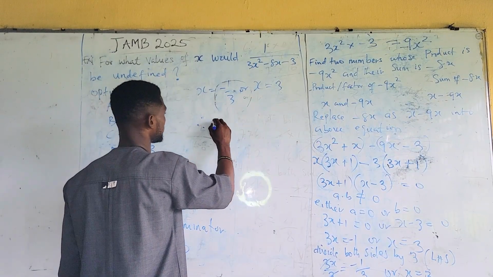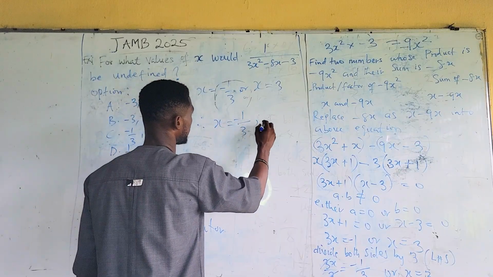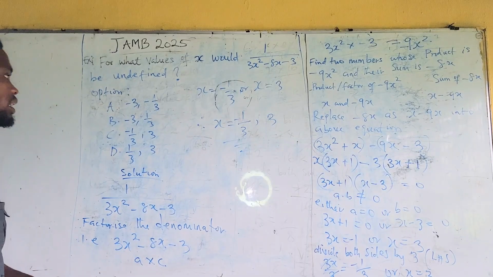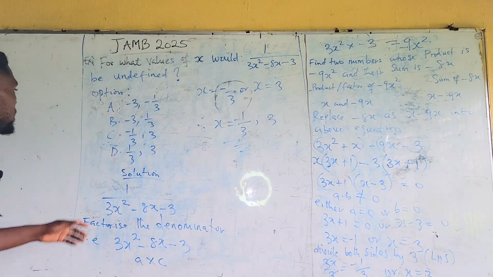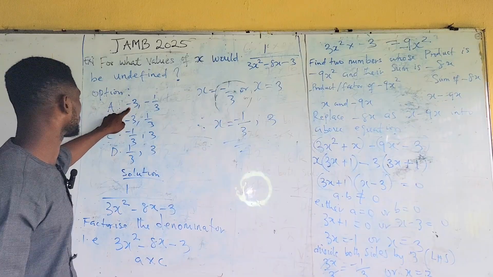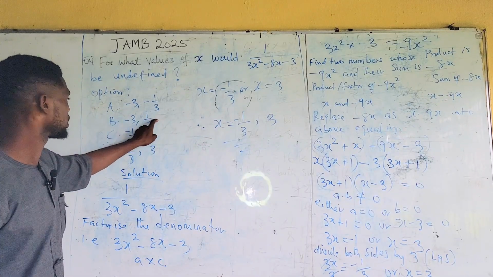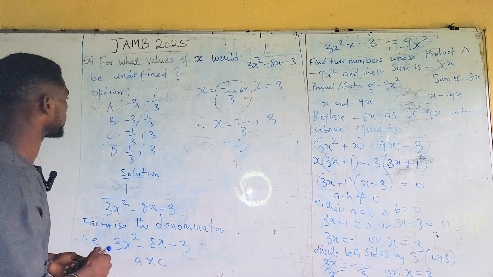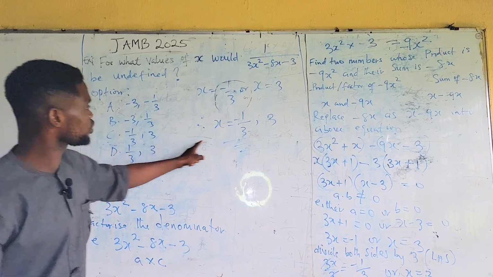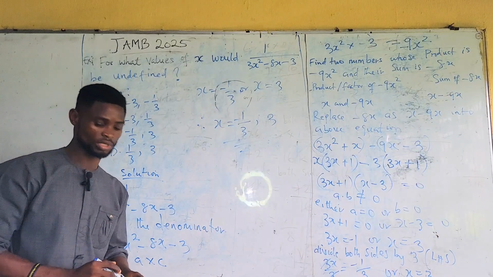Therefore, x is minus 1 over 3, comma, and 3. If you look at the options, which one is the answer? Option b is minus 3, no. Option c is minus 1 over 3, comma, and 3. That is c, so c is correct.